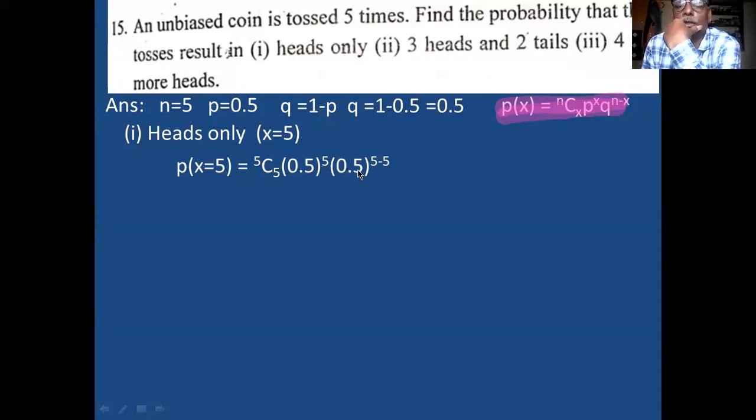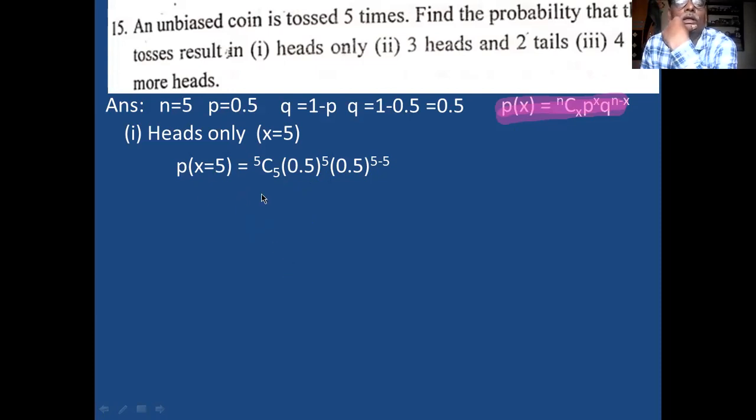Q is also 0.5 raised to n minus x. N is 5, x is 5. Okay. I filled the values in the equation. Am I right or wrong? Any doubt?